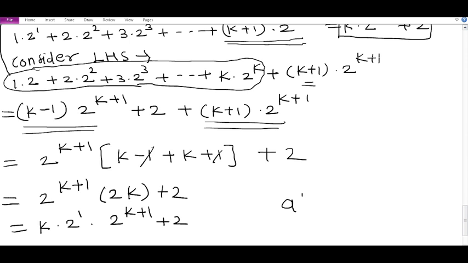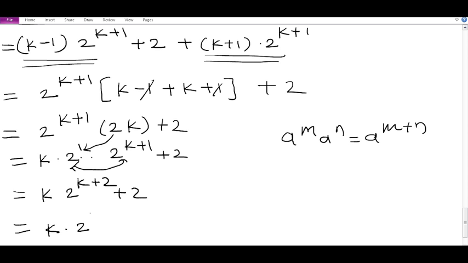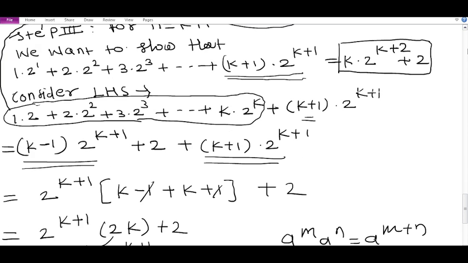We know that a raised to m into a raised to n is equal to a raised to (m plus n). So by using this formula, we can write this 2 raised to 1 into 2 raised to (k plus 1) as 2 raised to (k plus 2). So this is equal to k into 2 raised to (k plus 2) plus 2, and this is what we want to show here.